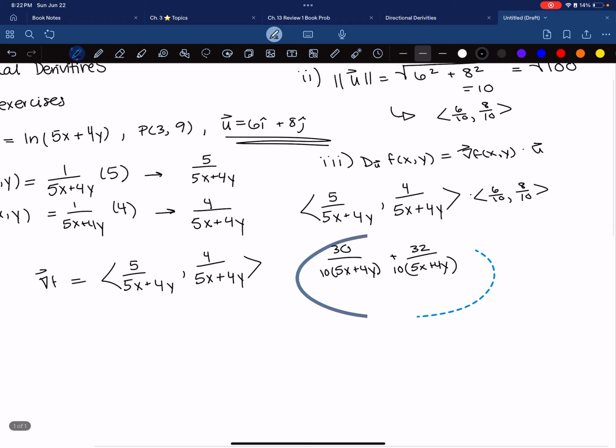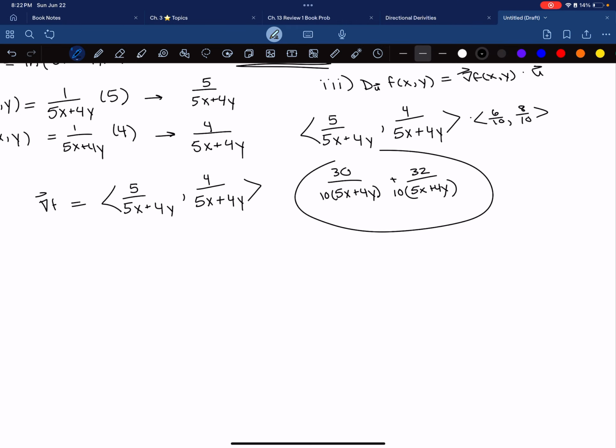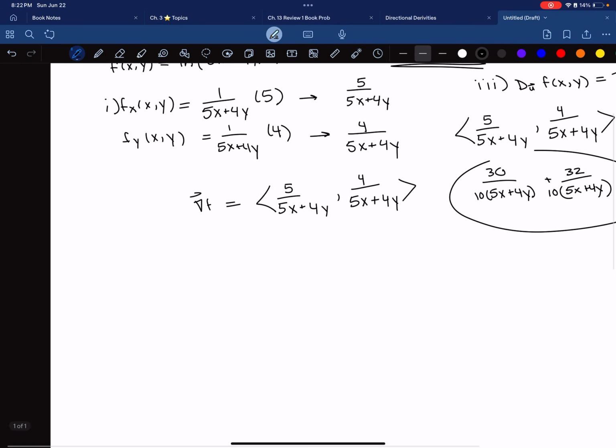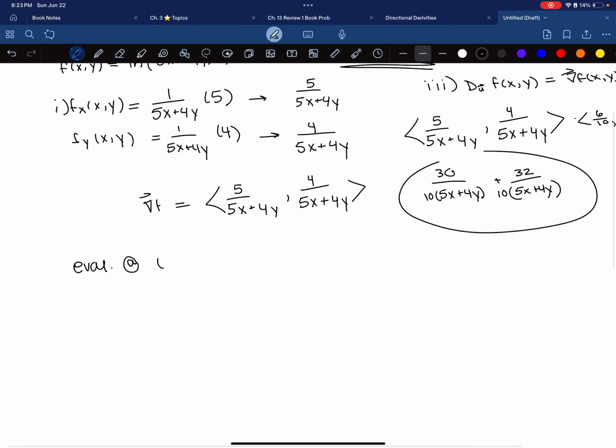This is a directional derivative, and if we want to evaluate this at, what was the point, 3, 9, we can simply plug in.